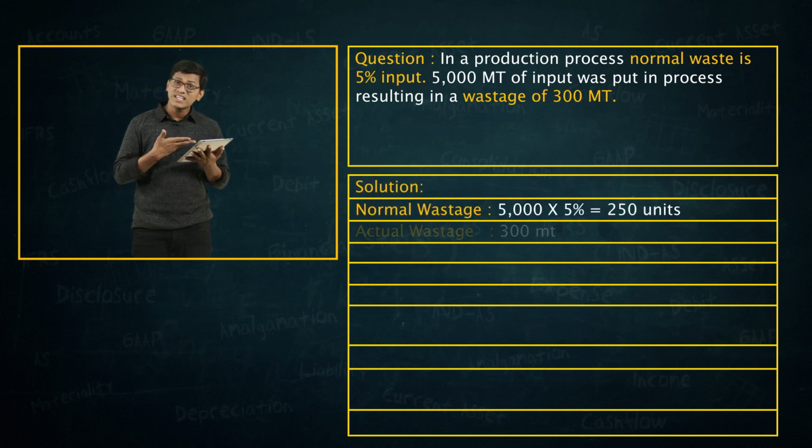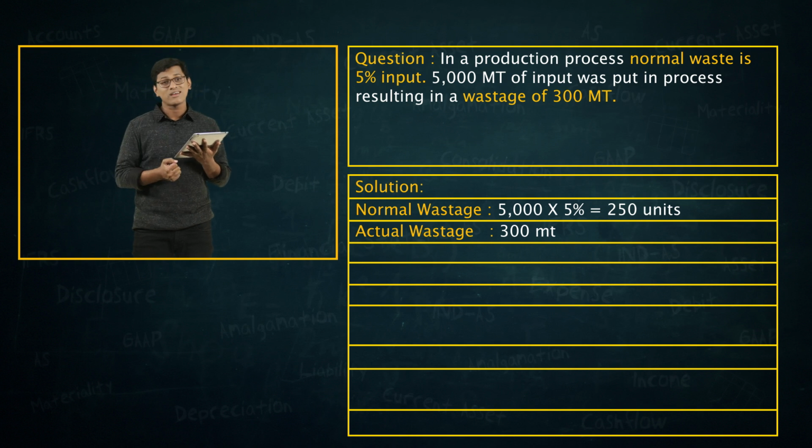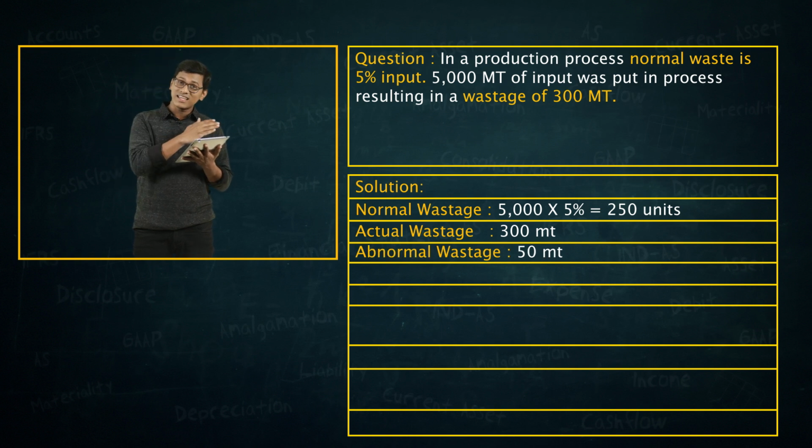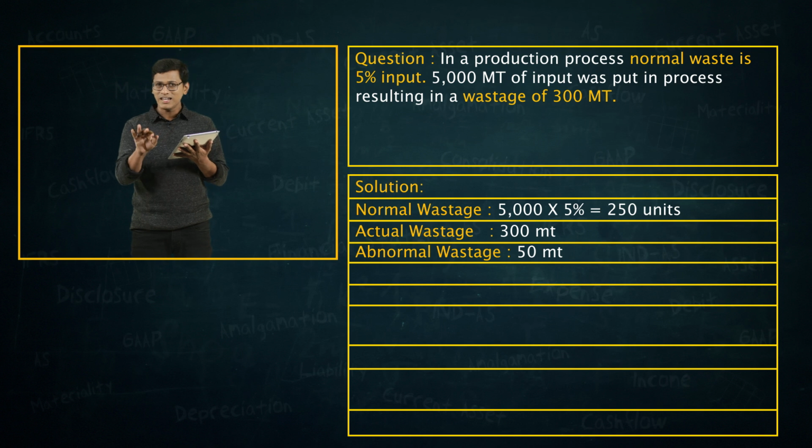But what is the actual wastage? 300 metric tons. So normal wastage is 250, abnormal wastage is 50. In that 300, 250 is normal wastage, 50 is abnormal wastage.